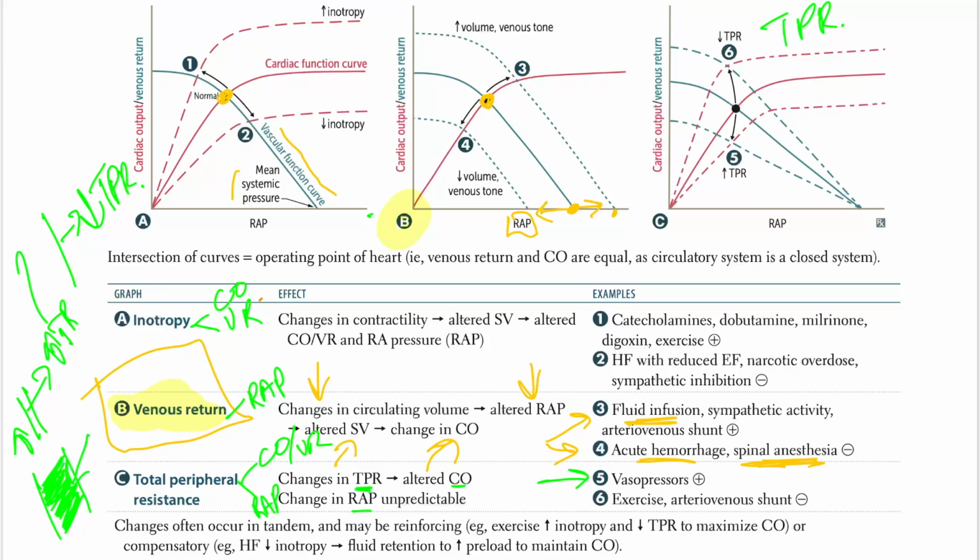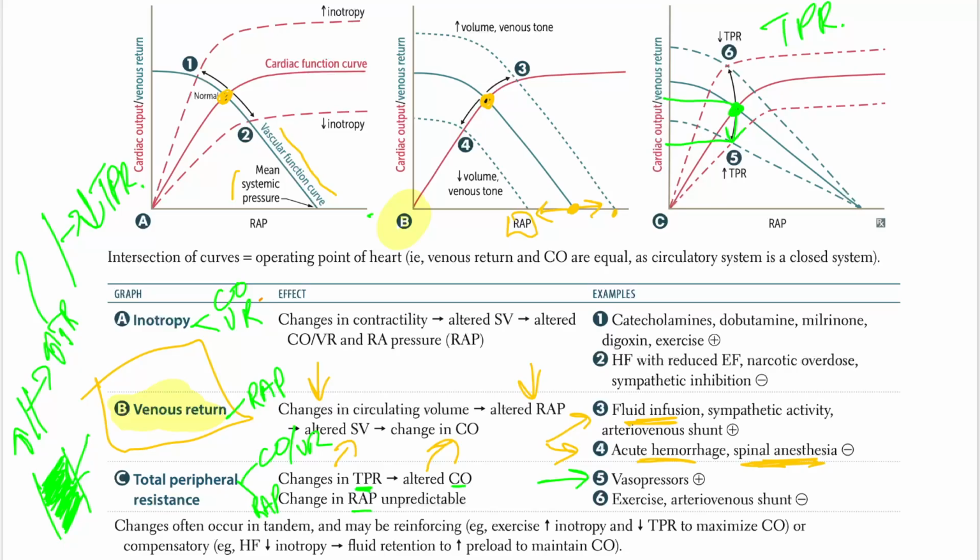How? Because let's look at this graph now. This was normal. You have increased the TPR. It has moved the curve with a little downward shift. Why? Because now at this point you have messed up your cardiac output. You have decreased the cardiac output.